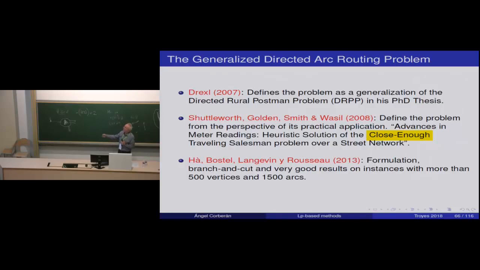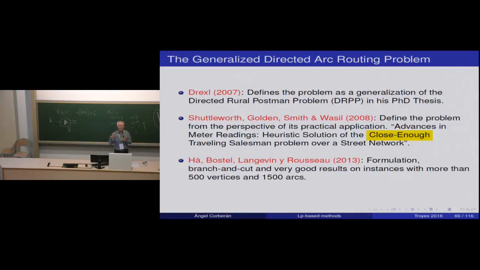He was right, and then we called it the generalized directed rural postman problem, following his first work on that. But we knew the problem through this paper by Bruce Golden and Ed Wasil. They defined the problem from the perspective of its practical application, and they published this paper called Advances in Meter Reading: Heuristic Solution of the Close Enough, as they called it at that time, Traveling Salesman Problem.